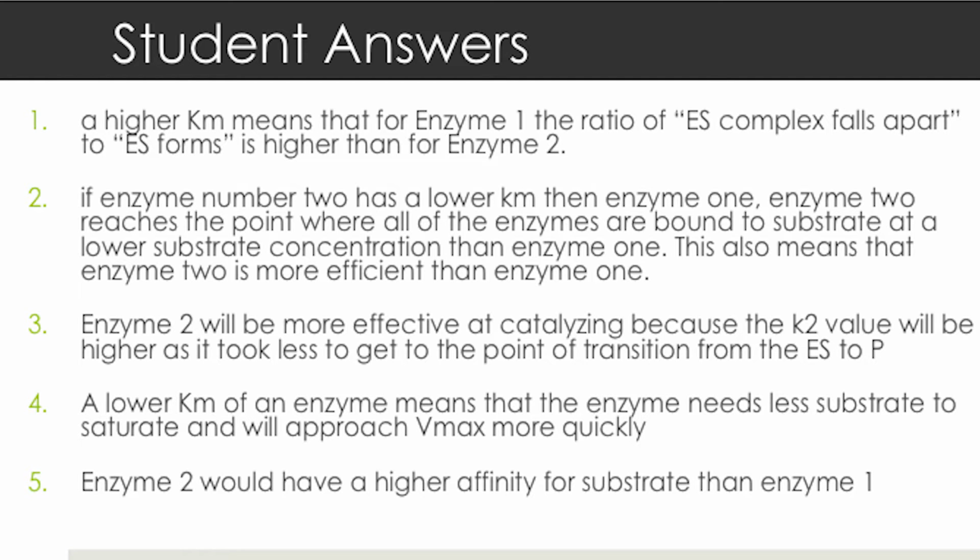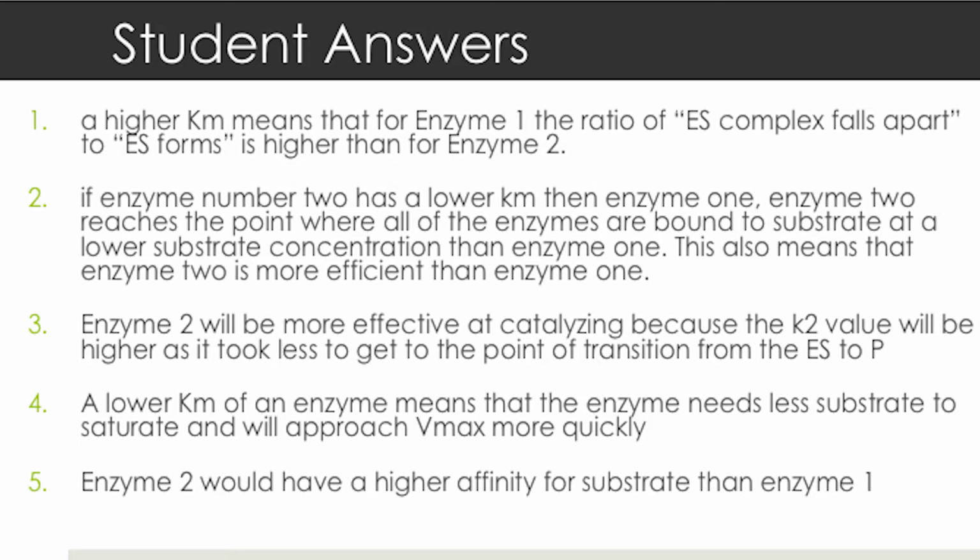Number 2, if enzyme number 2 has a lower Km than enzyme 1, enzyme 2 reaches the point where all of the enzymes are bound to substrate at a lower substrate concentration than enzyme 1. This also means that enzyme 2 is more efficient than enzyme 1.